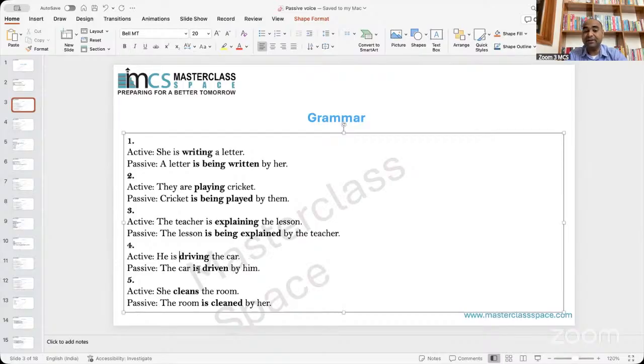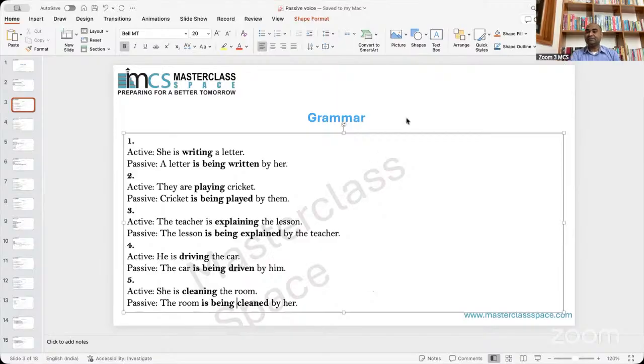But when you make it passive voice, it is the car is being driven by him. That becomes your passive voice. All right. Now she cleans. So she is cleaning the room. In case of passive voice, it is going to be the room is being cleaned by her. All right. This is called present continuous tense passive voice.